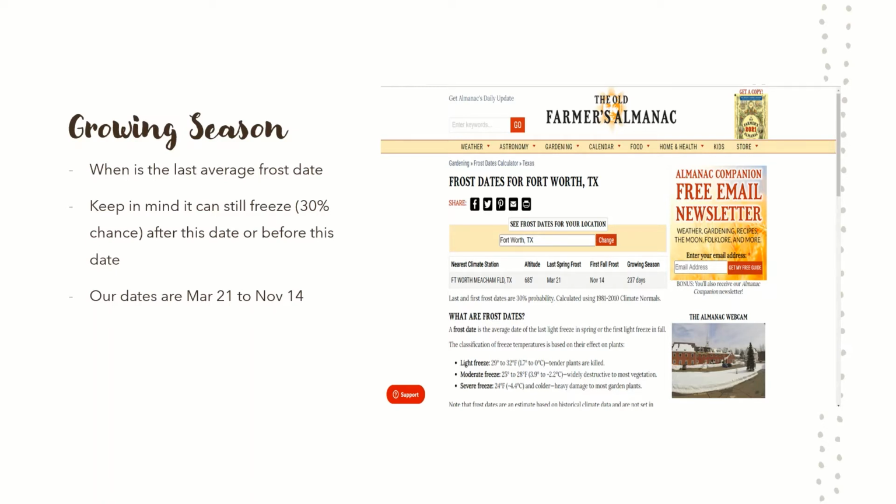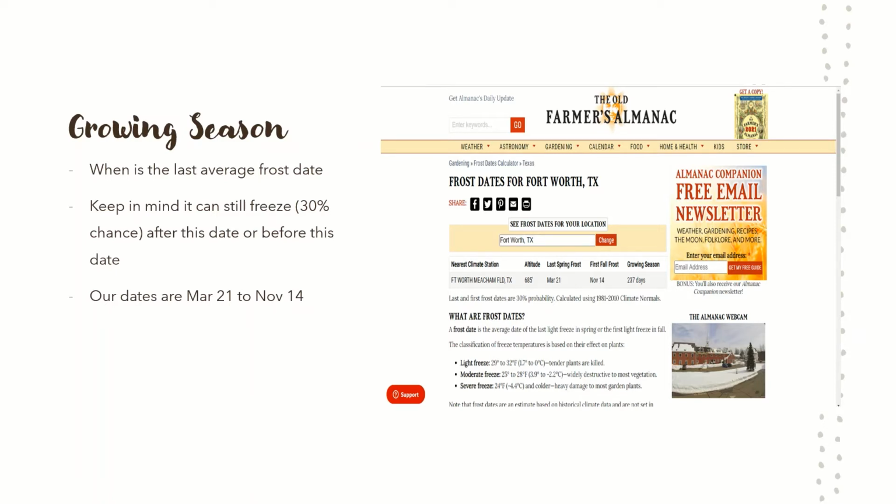One thing worth keeping in mind here is that the average frost date, or the last spring frost, or however they define it, usually is not the true last frost. I mean, there may have been years where it actually froze after that. And so in this case, they said, taking the data between 1981 and 2020, that there's a 30% chance that it may still freeze or frost after these dates.